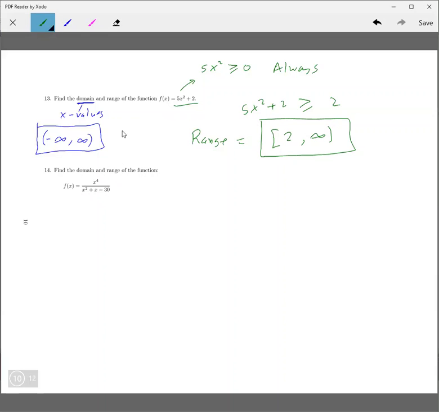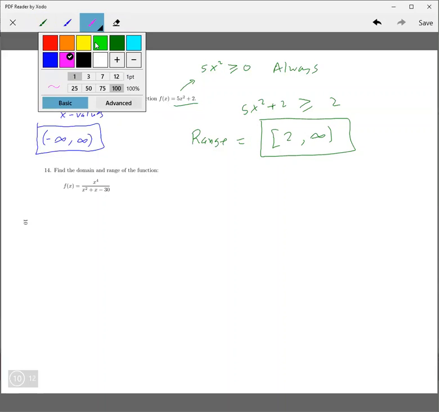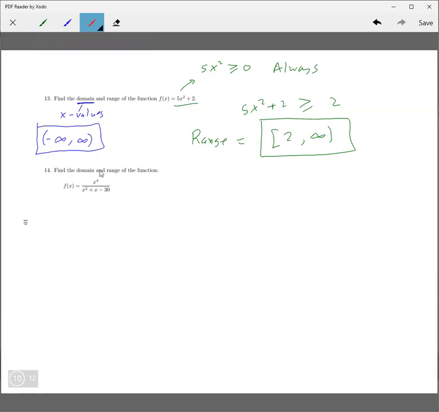Okay, now this one right here. The second one, I copied it down wrong. Fortunately, we don't have to deal with that, so forget that. Just find the domain, okay?